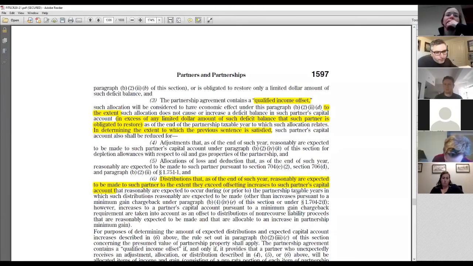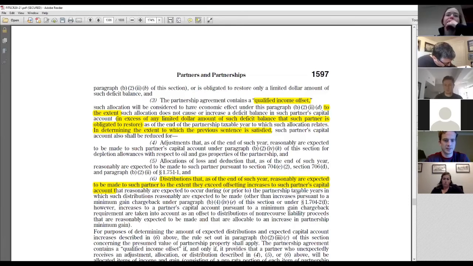So what does that mean? That means that we're going to use our crystal ball and we're going to say, okay, determining how low we can go, we're going to look into the future and say, okay, partner that we're dealing with, are you expected to receive distributions in the future that would exceed increases in your capital account? So it's not just distribution.